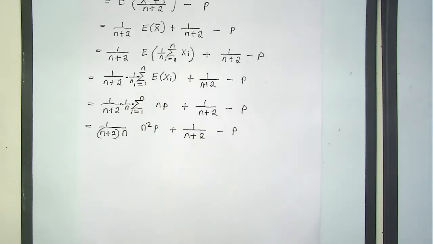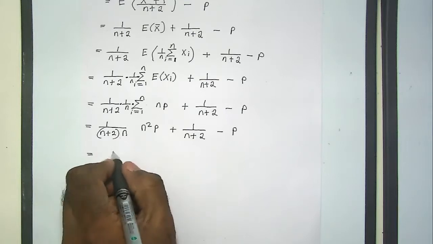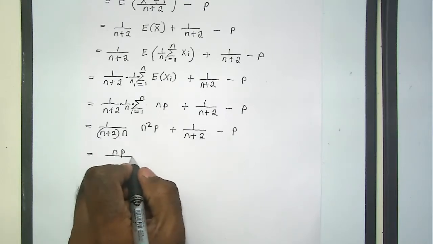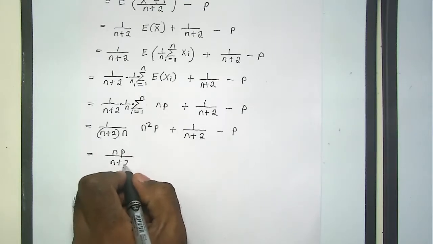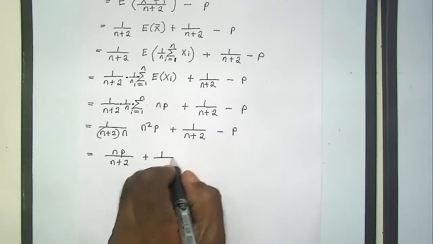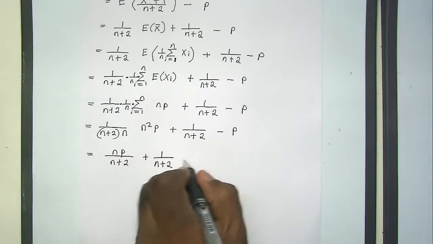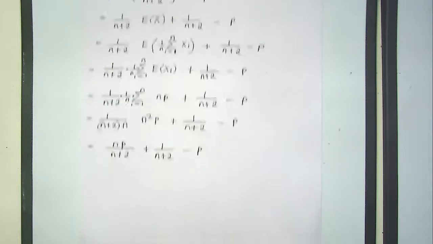If you simplify this, you get np plus 1 divided by n plus 2, minus p. So this is the bias.